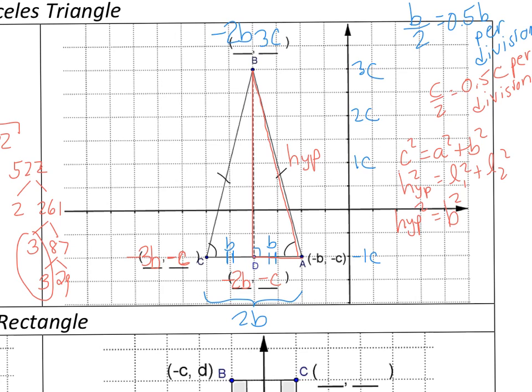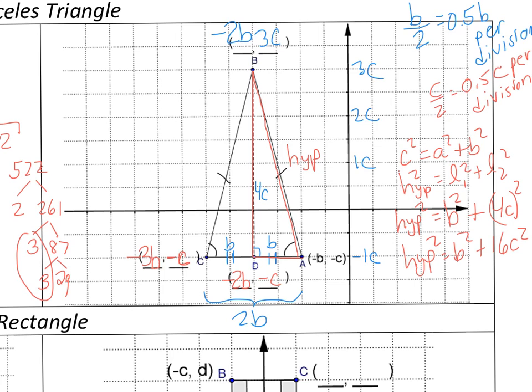So the entire height is 4c. Let's plug that in. So the other leg is 4c. We're going to square that. So our hypotenuse squared equals b squared plus 4c squared, which is 16c squared.